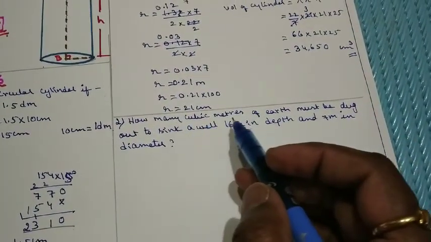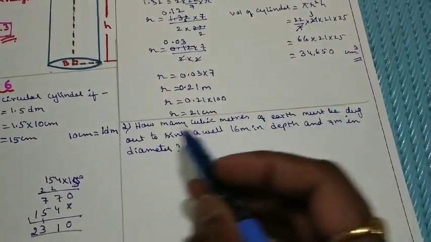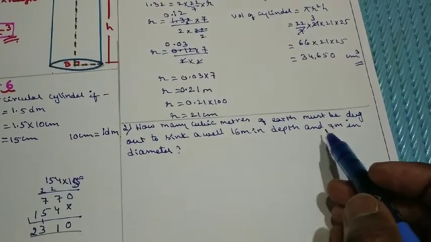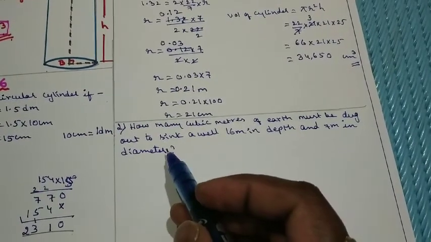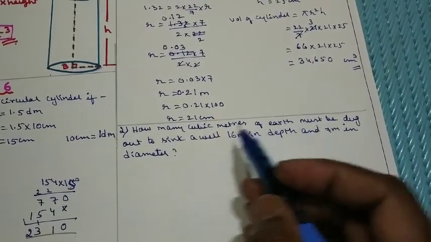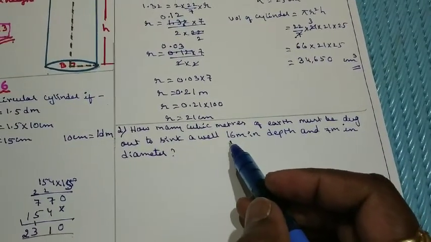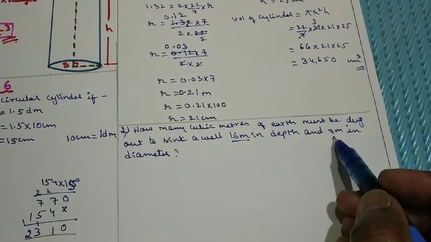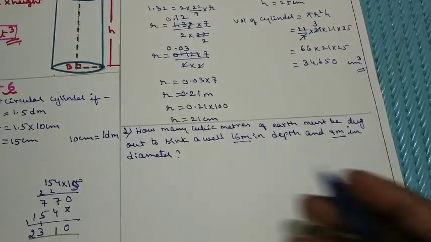How many cubic meters of earth must be dug out to sink a well 16 meter in depth and 7 meter in diameter? So here he wants to dig a well of height 16 meter, depth is nothing but height, and the diameter is given as 7 meter, which we need to convert into radius.